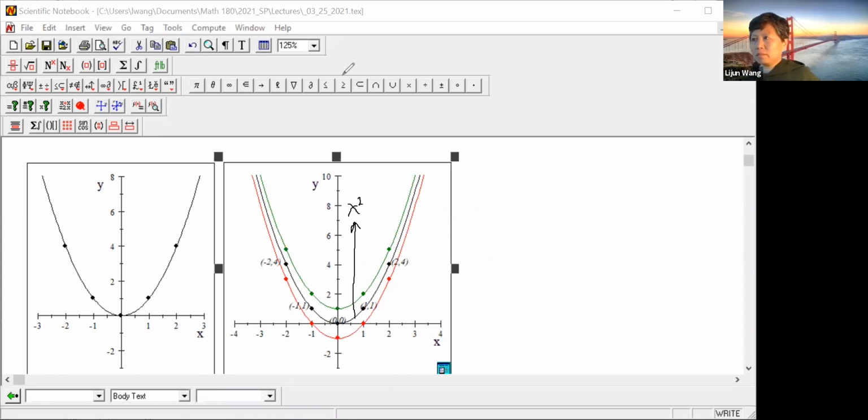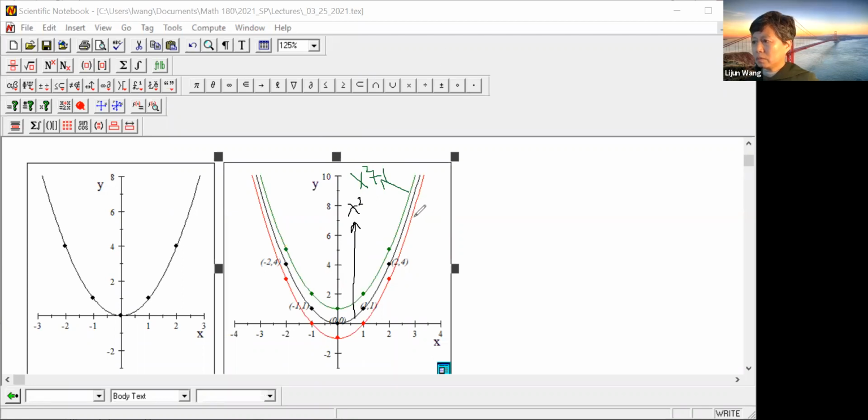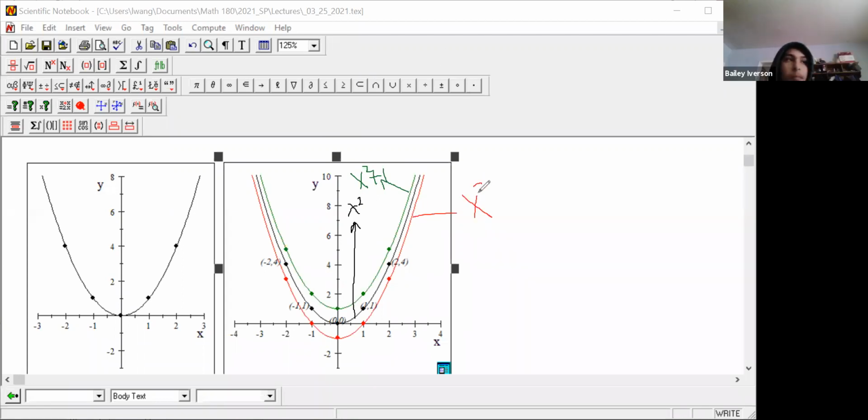What is the green? X squared plus 1. That's right. What's the red? X squared minus 1.